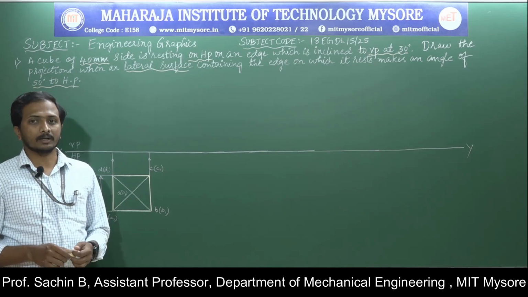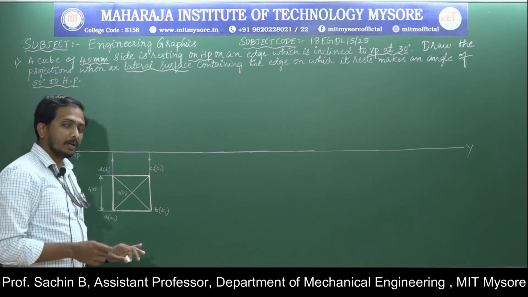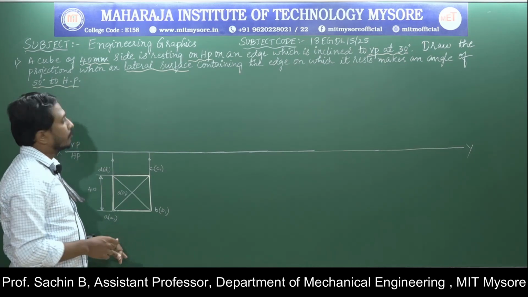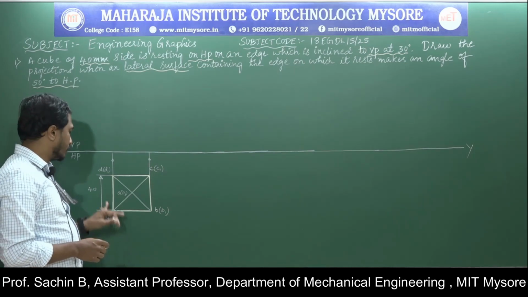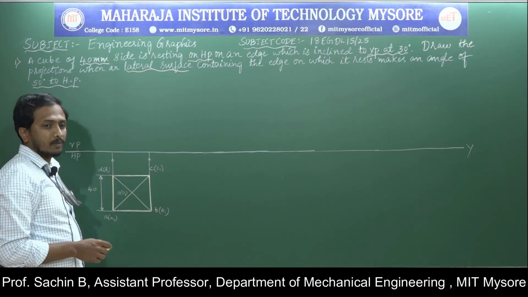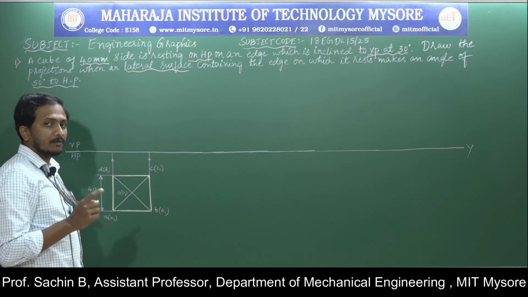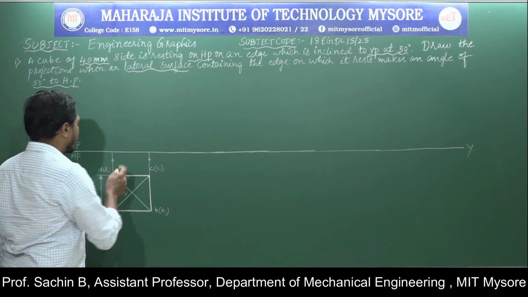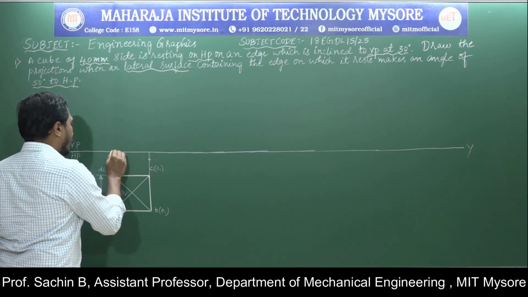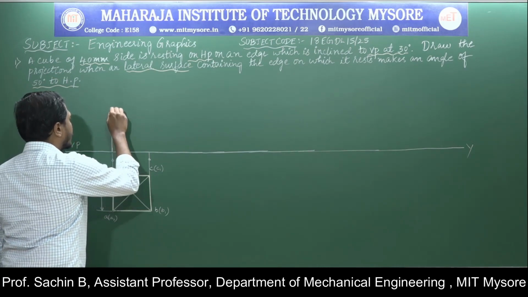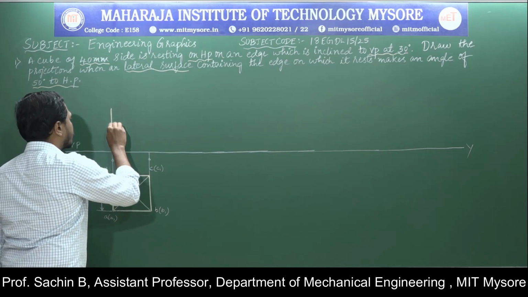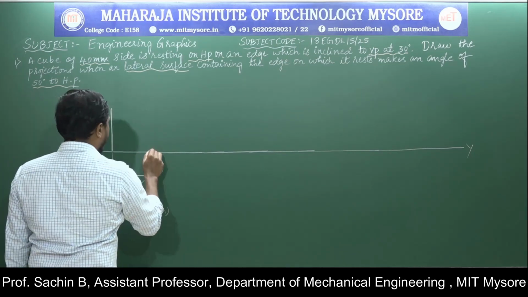A regular polyhedron is a polyhedron which has similar faces and is bounded by the same faces. By knowing that, whatever dimension they give for the cube, 40 mm, the height of the cube will remain the same, 40 mm. Means the edge dimension they gave is 40 mm, but according to the concept of regular polyhedron, we will draw this cube with a height of 40 mm, because it is a regular polyhedron. Means the height also remains the same for this cube, 40 mm.